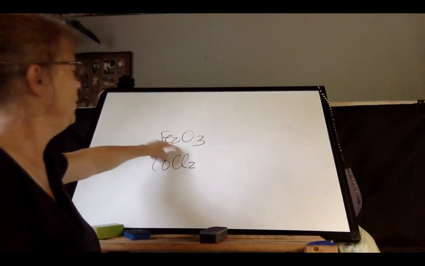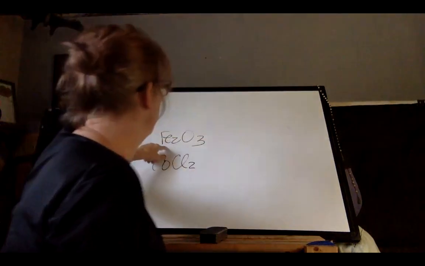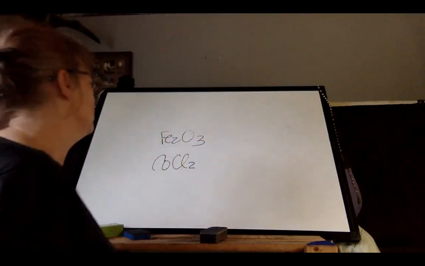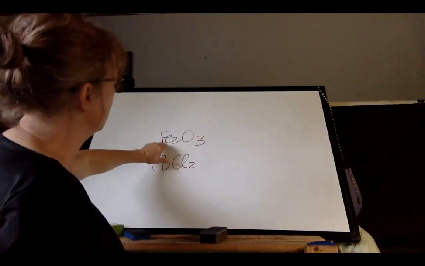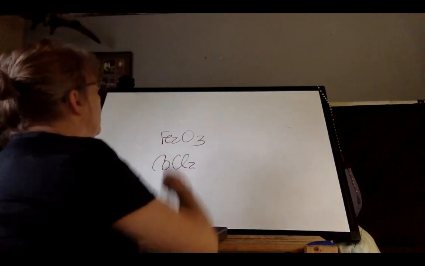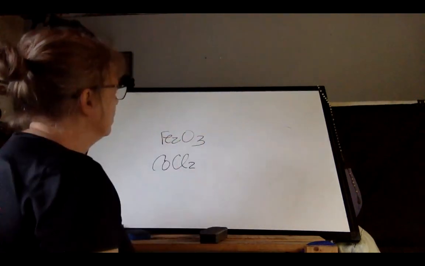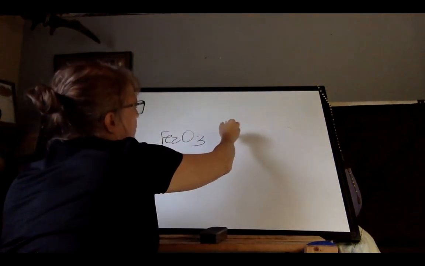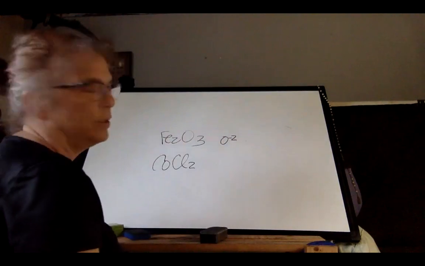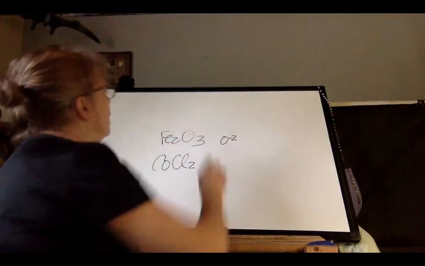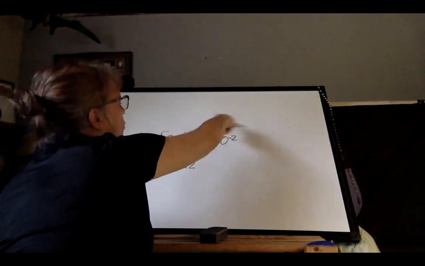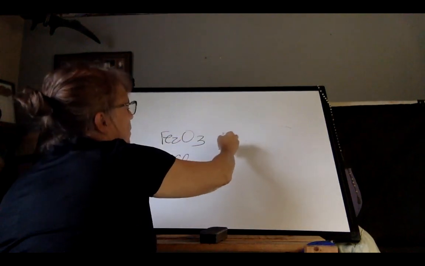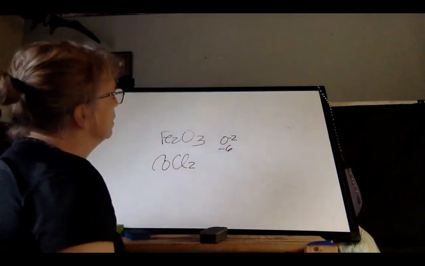So we have Fe2O3. Iron is not in groups 1, 2, and it's not aluminum, so we know it has a variable charge. We have 3 oxygens. Each one of those oxygens is going to have a charge of -2 because oxygen is in group 6. There's 3 of them, so the total charge on the oxygen is going to be -6.